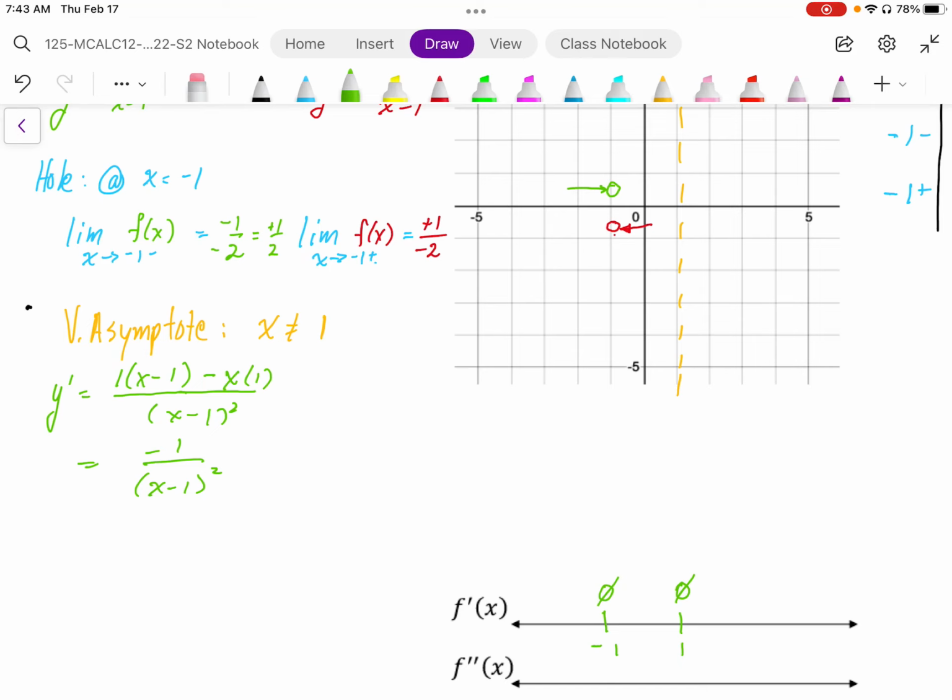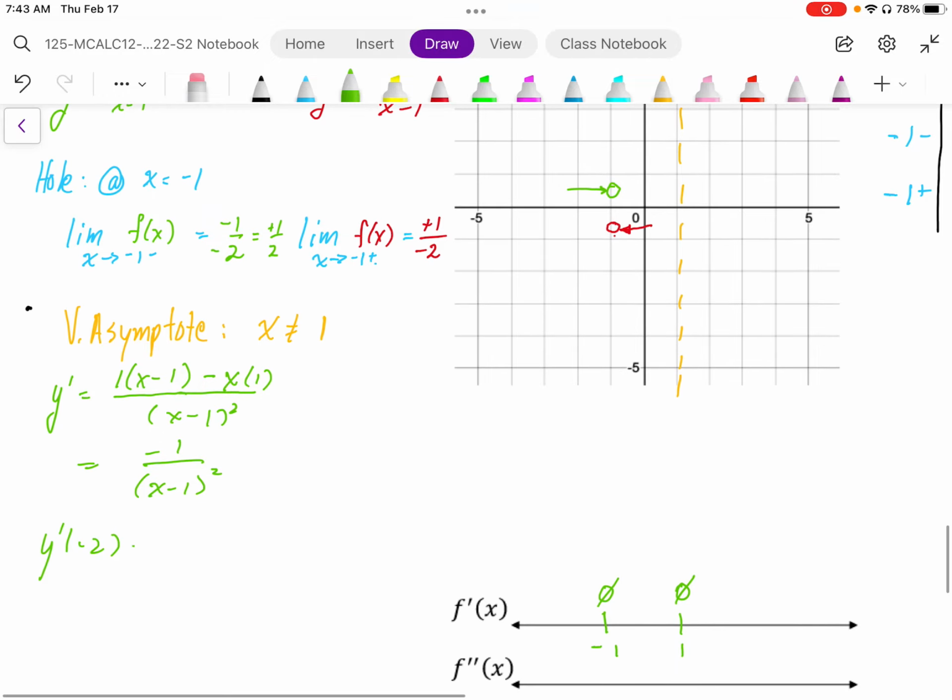Then I'm going to test my slopes through those points. So y prime at -2, because -2 is part of the green domain, this slope is always negative, so it's always going to point down. Same on the other side, y prime at +2, this is always negative, so it's going to point down like that.